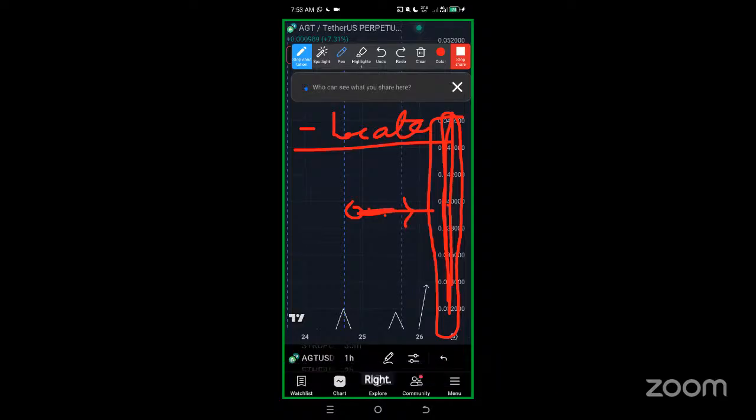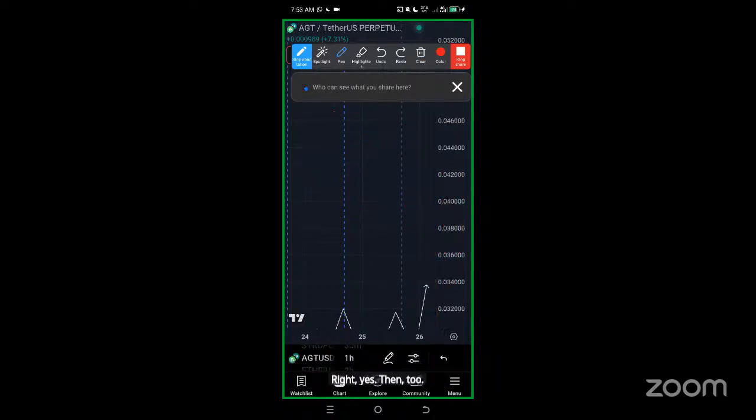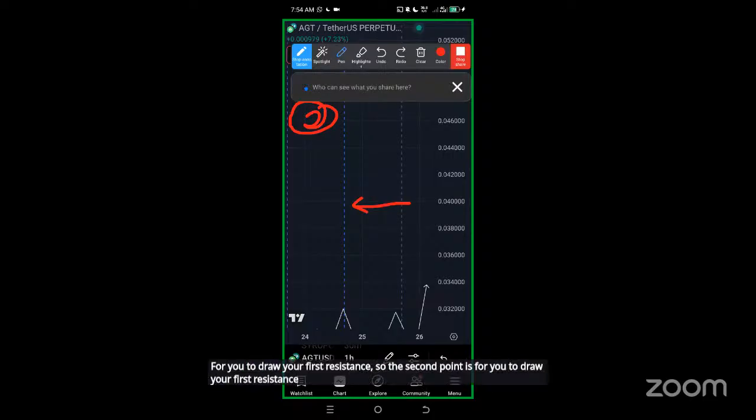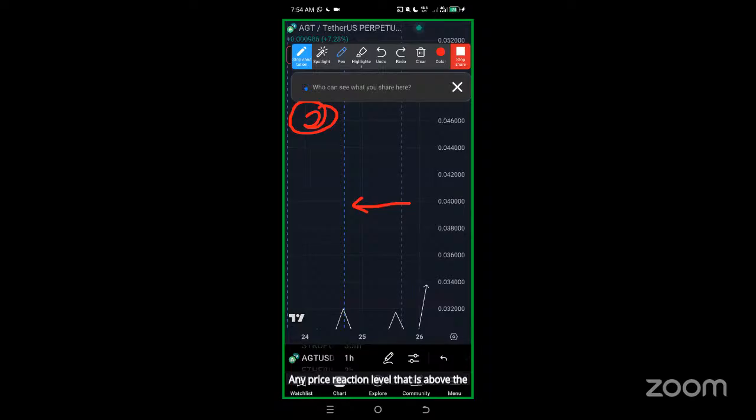Then, two, from the market price, you draw your first resistance. Remember, you're looking at any price reaction level that is above the market price. That becomes your resistance, yeah?